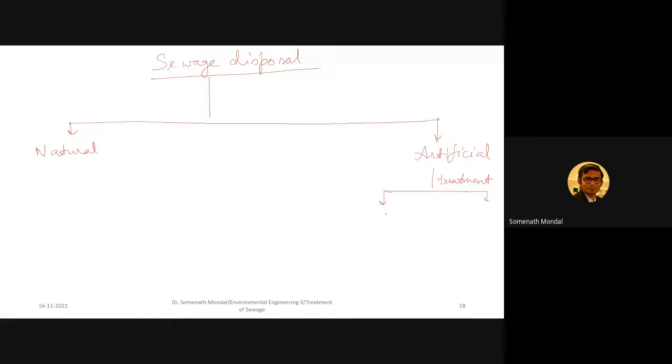So in treatment, we have primary, secondary, tertiary, and so on. So we can write primary and secondary. And right now, this is not the portion which we are bothered about. Rather, in the natural method, we have two popular methods which we'll be discussing in today's class.